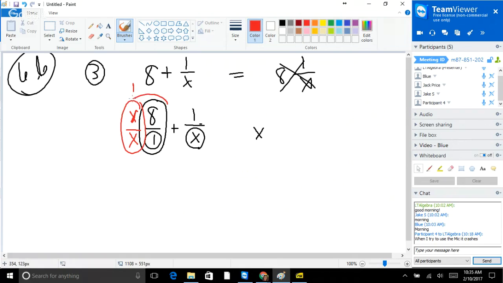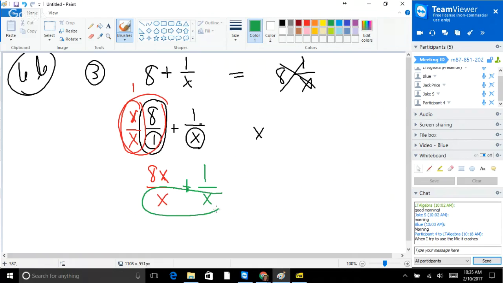So I can change my first 8 into 8x divided by x, right? And if you're into simplifying, oh, 8x divided by x is just 8, but we don't want it like that. We want it to stay 8x over x plus 1 over x.